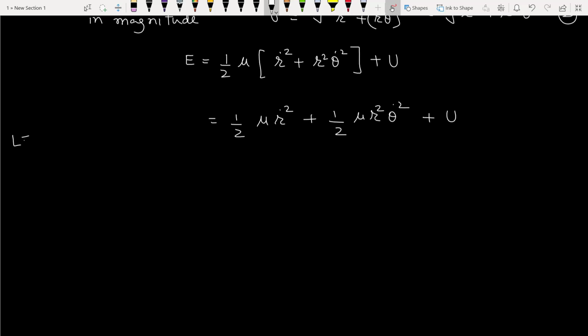As we just proved mu r square theta dot is equal to capital L, then theta dot is equal to L upon mu r square. So we substitute in the second term.